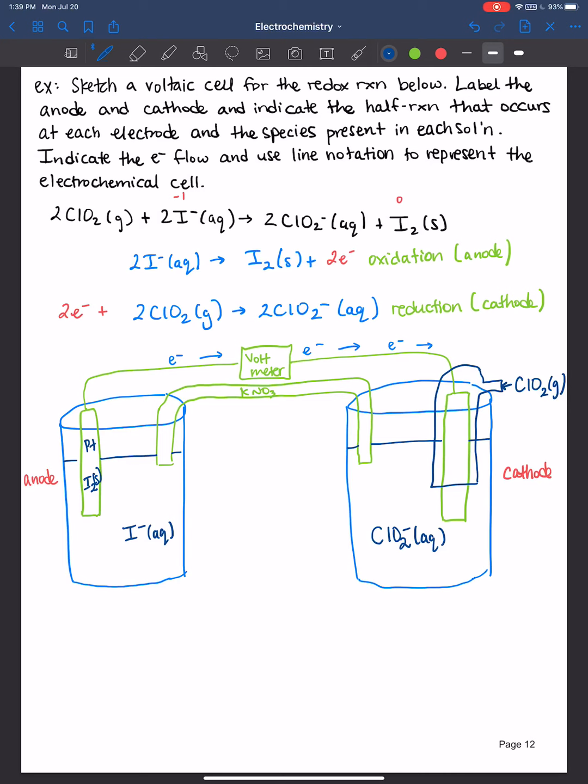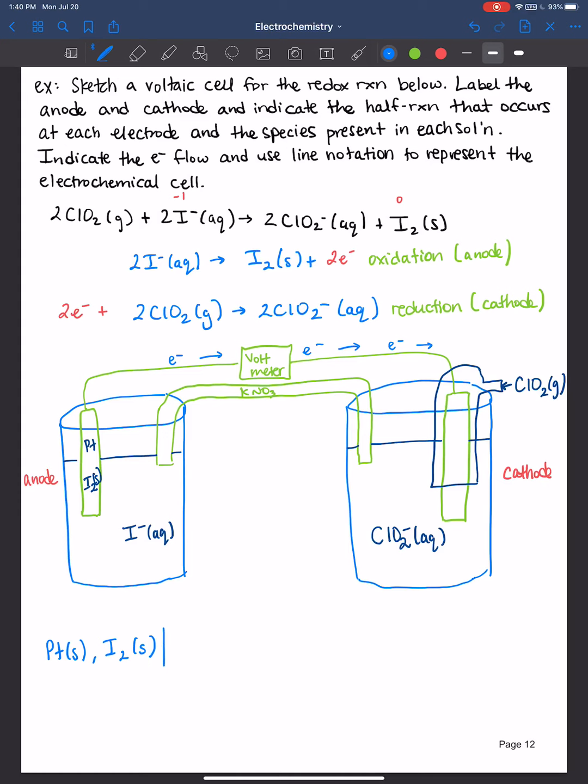All right, so we have our electrode there and the design of our voltaic cell. So we want to write the line notation to represent the electrochemical cell. So I'm going to start with the anode, the electrode on the outside. So once again, we use the platinum to help make iodine more conductive since it's a nonmetal, even though it's a solid.